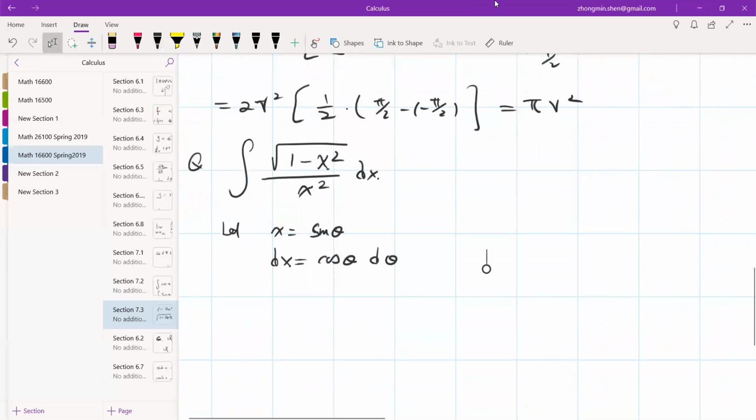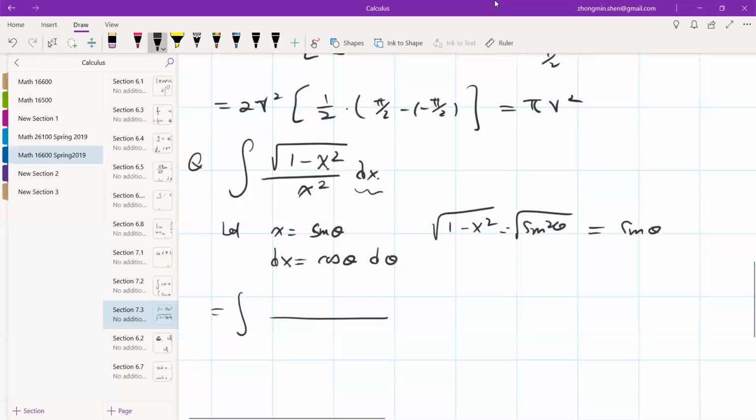Don't forget, this is very important, dx in the integral. Then the integral becomes the square root of 1 minus x squared, which is 1 minus sine squared theta, so the square root is cosine theta.